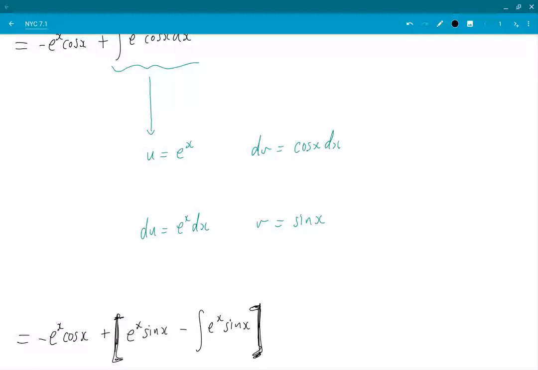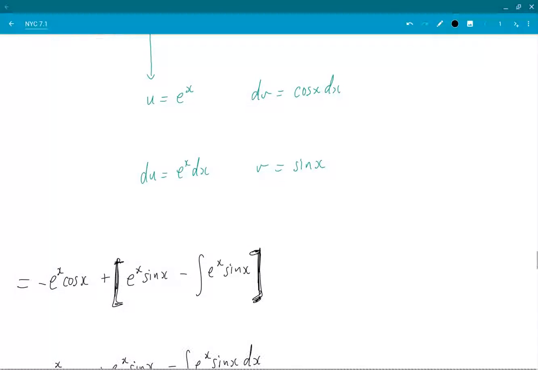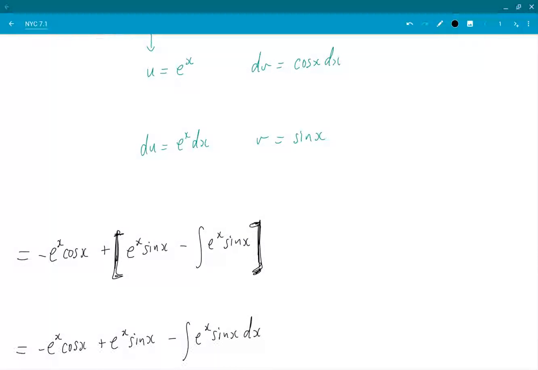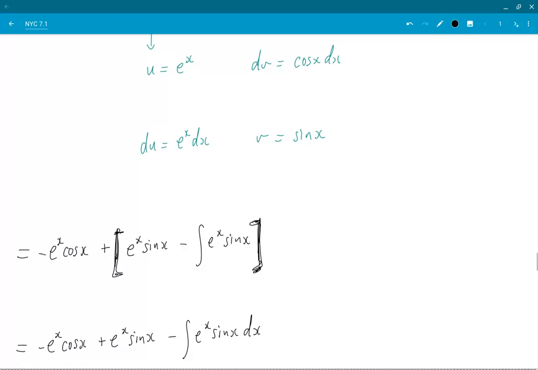Now, what's happened here? Well, I'm going to erase my brackets. It's actually not important in this case because coincidentally I got a plus here. Now what's happened? I've come back to where I started, right? This integral, which I have produced, is the same as the original integral. So it seems like I've kind of boomeranged here, but this is a good boomerang.